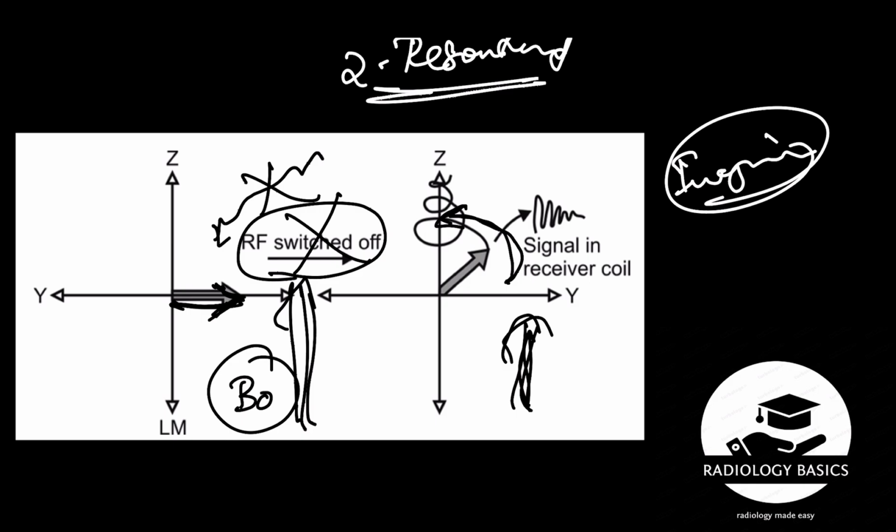During the transformation back from transverse magnetization, it loses its energy. This energy is captured by a receiver coil and transformed into an echo.